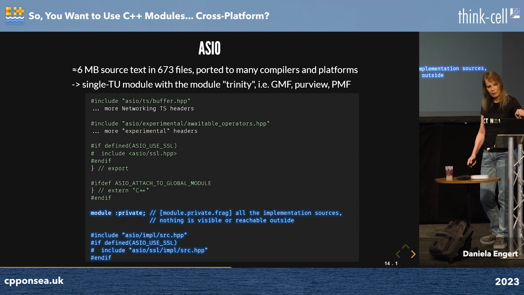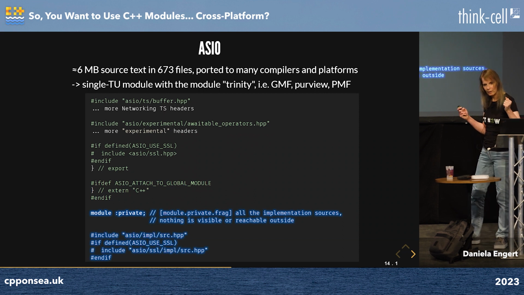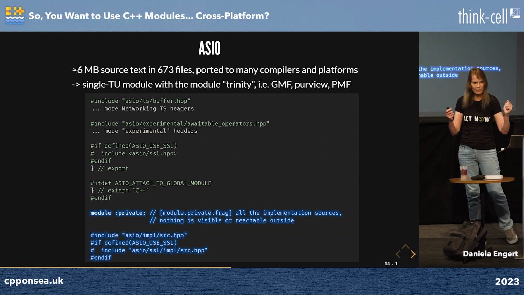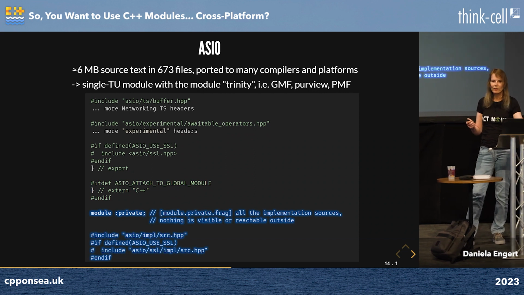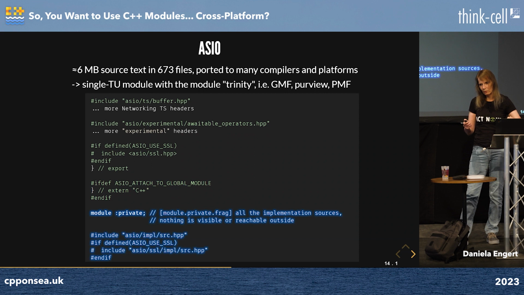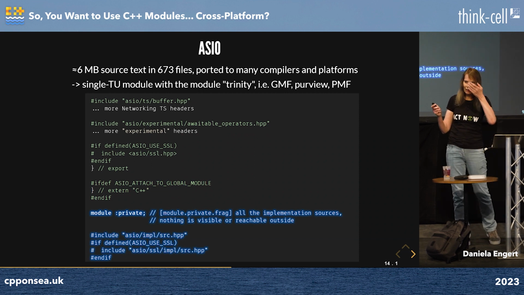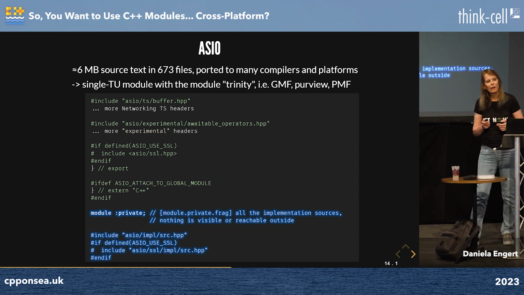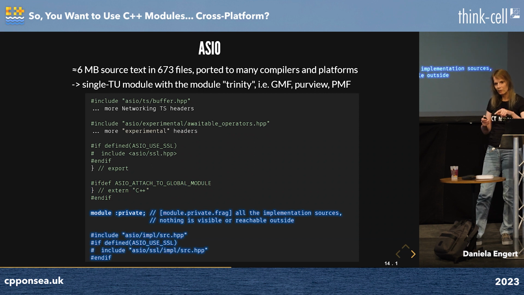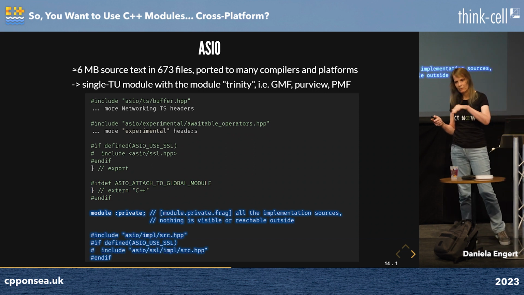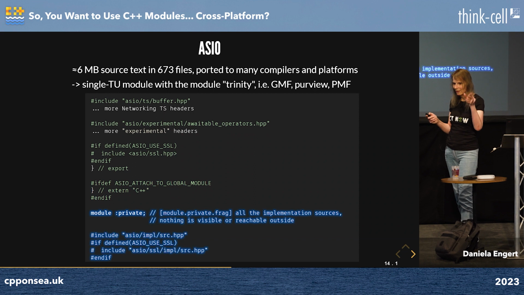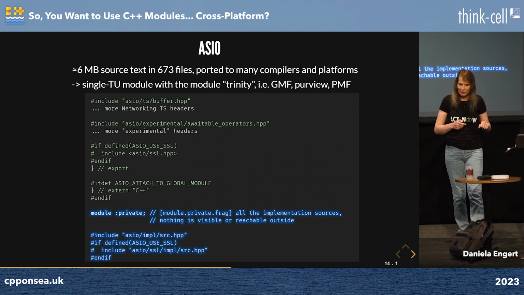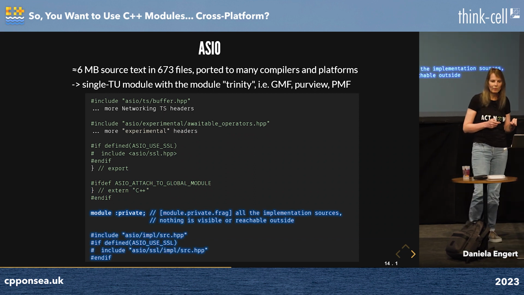So now you're using just one translation unit for the module interface and include everything in here. So it's more like a unity build of your library. And this makes it possible that you don't have to change anything besides translation unit local entities and unqualified lookup to make it into a module.